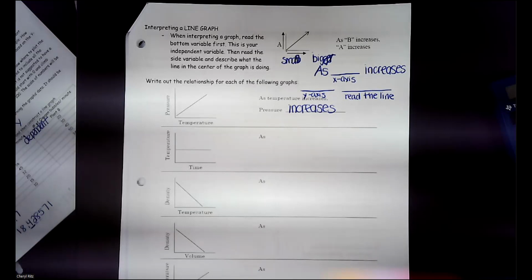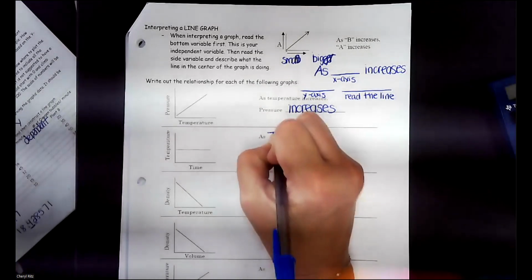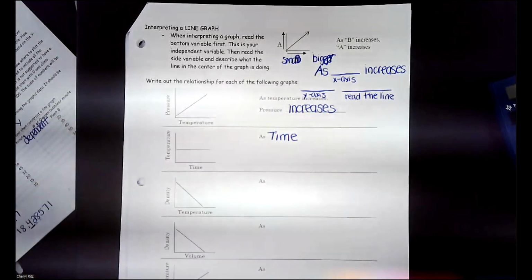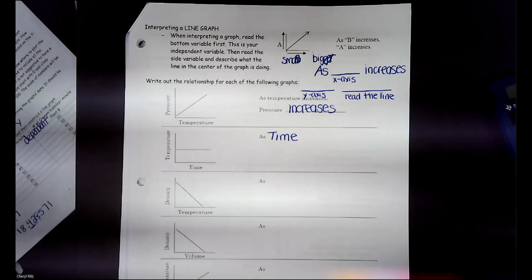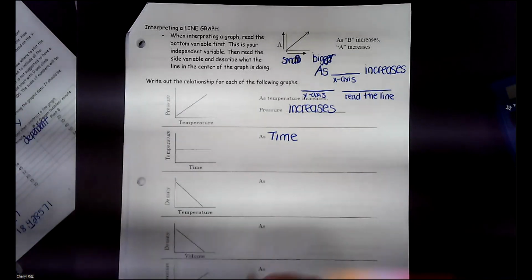I saw a bunch of you still just trying to do this on your own, and I knew the flat line was gonna throw you off. The x-axis is always increasing, no matter what. So to start this one off, which one is the x? The bottom. So what is time doing on the x-axis? It always increases. There's no thinking here.